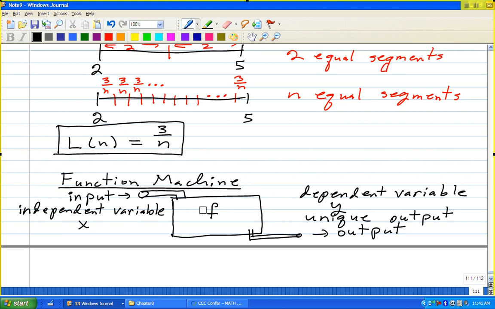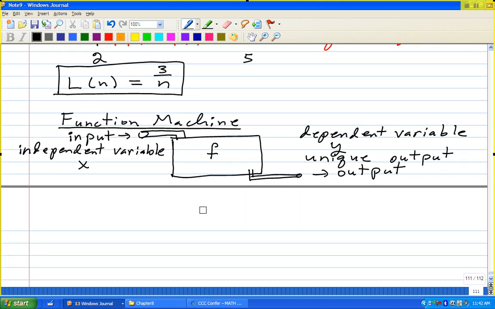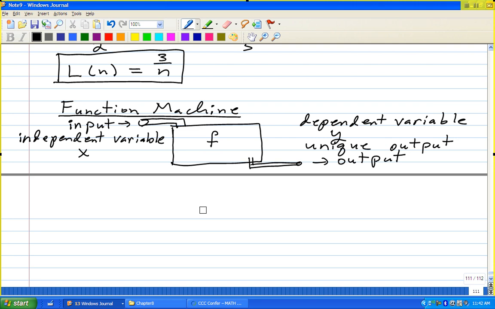You want to know what you're going to get out. Once you've made your selection, your output will be unique. So no matter when you put in your input, if your input is the same, then your output will always be the same. And so that's the idea of some sort of function machine. Given an input, you will have a unique output.